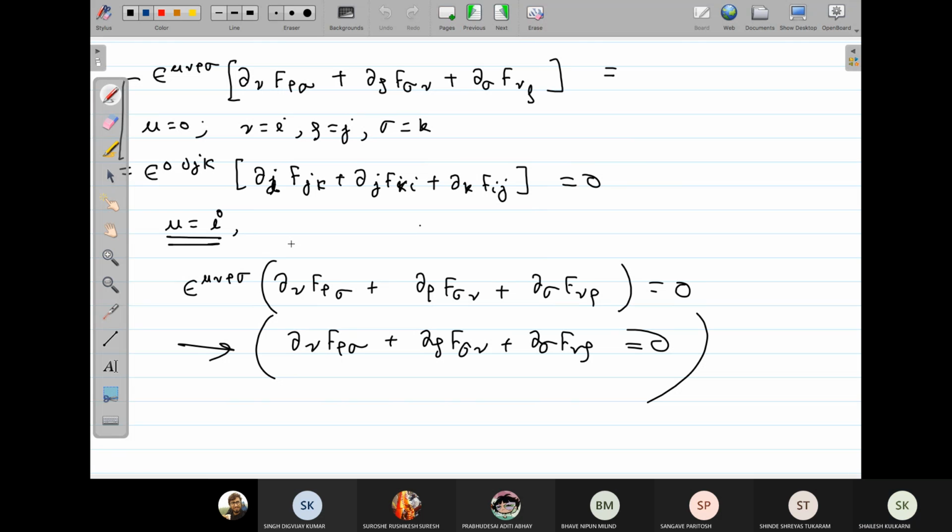I think I removed something in between. I erased that. So at the end, we have epsilon mu nu rho sigma del nu F rho sigma equal to 0.